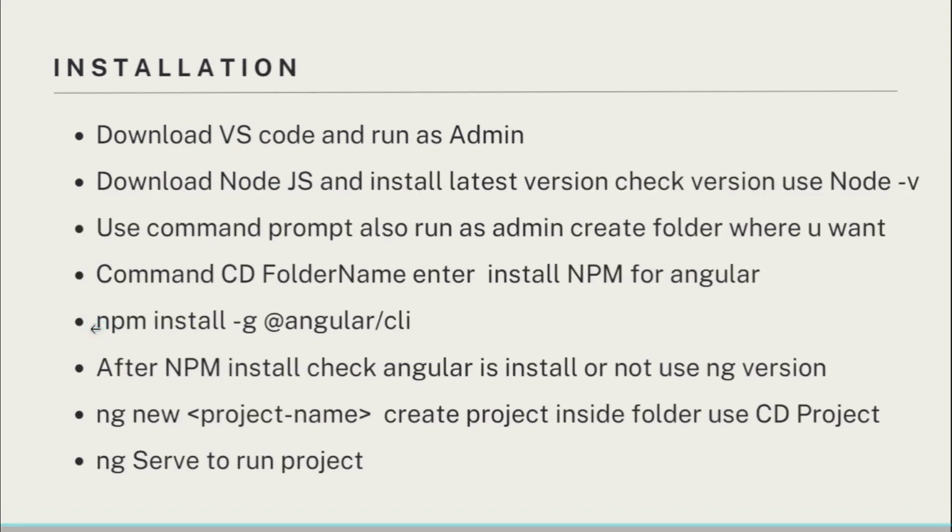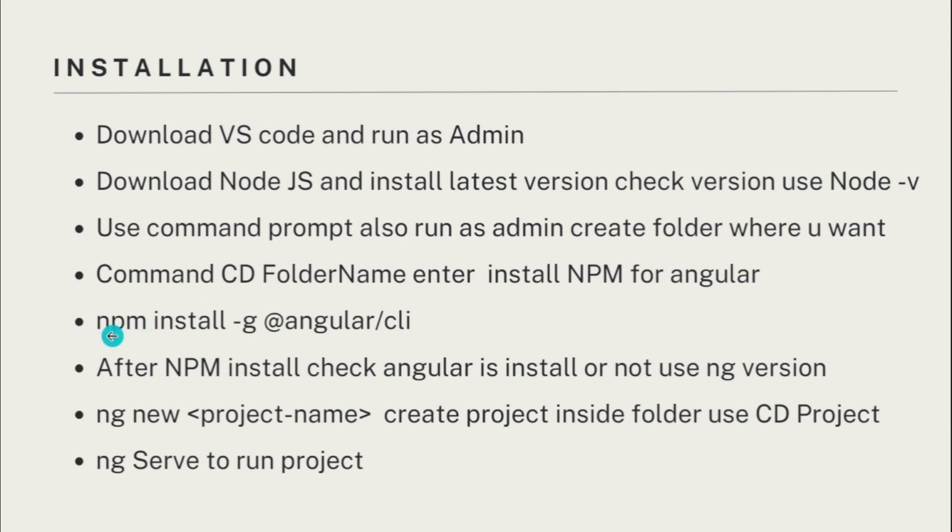First we are going to download Visual Studio and run it as administrator. Then download the latest version of Node.js from Google and check the version using node -v. After that, use the command prompt, create a folder where we require it, on the desktop or wherever you want to choose.